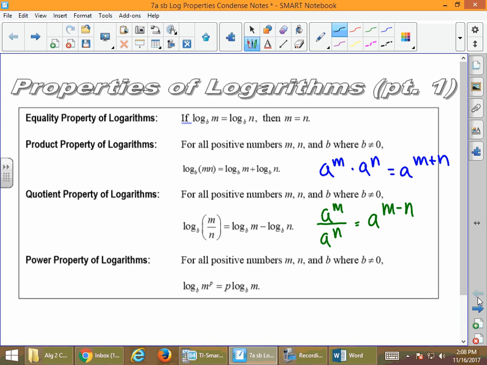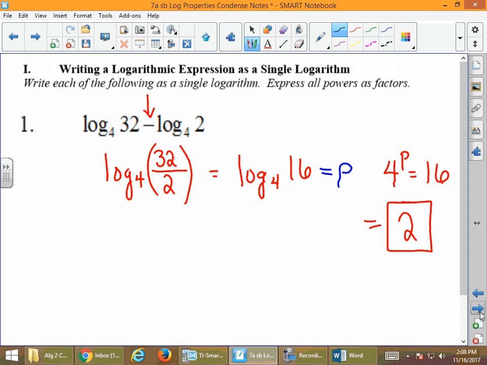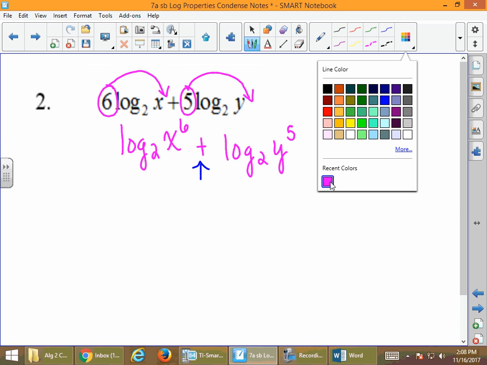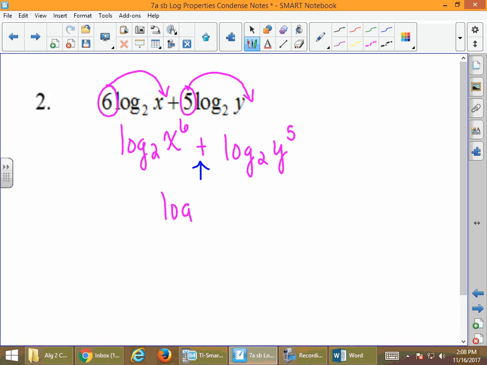When we have addition in our logarithm, we can condense it down by multiplying our m and our n in this case, or on our actual example here, we can multiply our x to the 6th and our y to the 5th together. We cannot simplify any more.